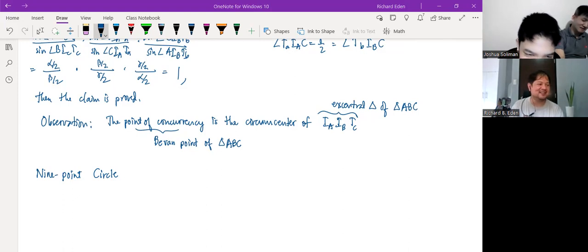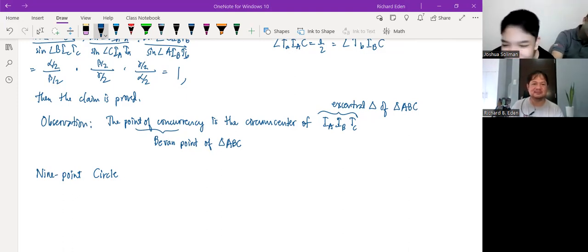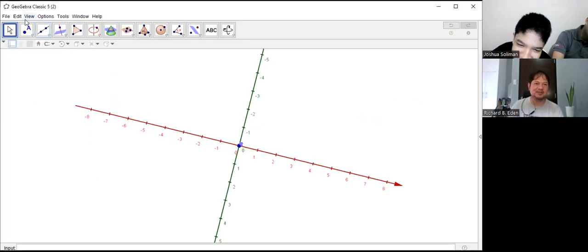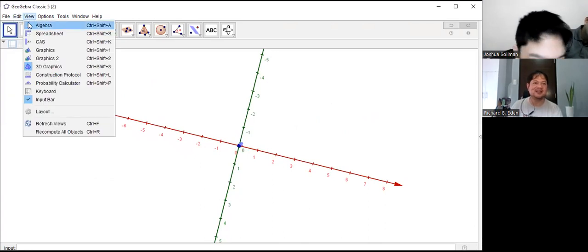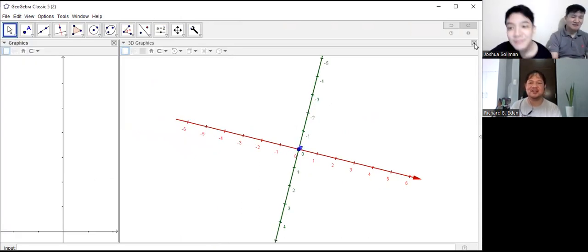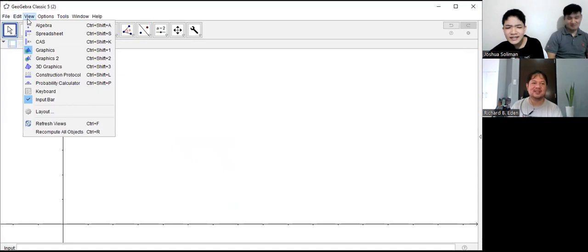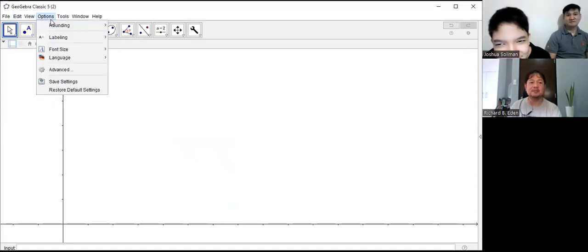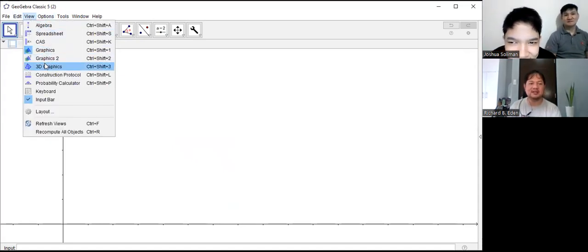All right, I don't want to continue that drawing, so I'll let it go. New window. Why is it not letting me draw the 9-point circle? It's showing 3D. By default, I don't know why it comes out 3D here. Yeah, it depends on the version, but there's a 3D graphics window.